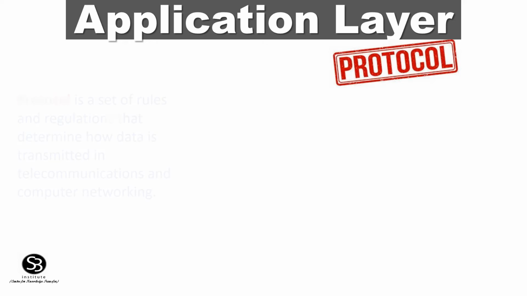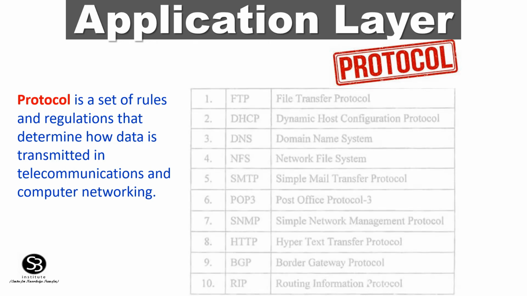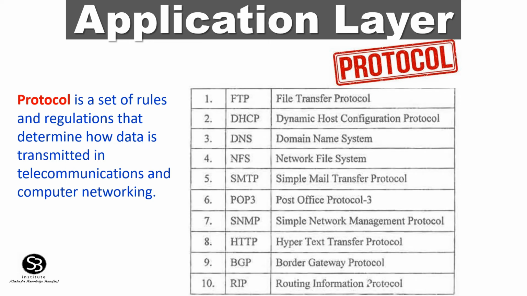A protocol is a set of rules and regulations that determine how data is transmitted in telecommunications and computer networking. The application layer has a number of protocols like FTP, DHCP, DNS, NFS, SMTP, POP3, SNMP, HTTP, BGP, and RIP.